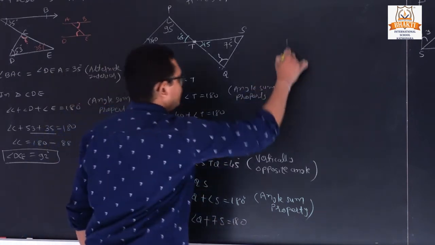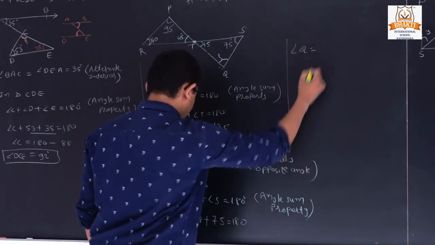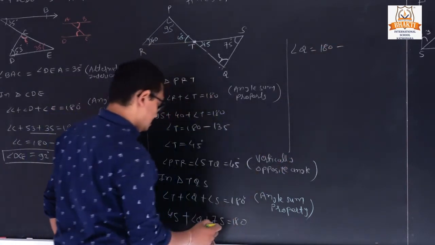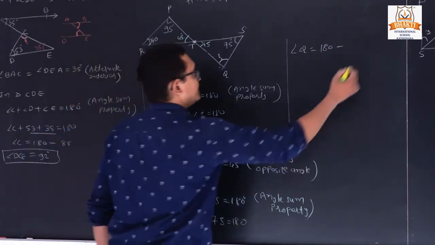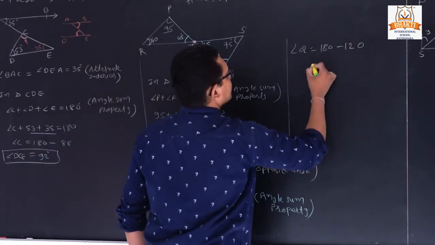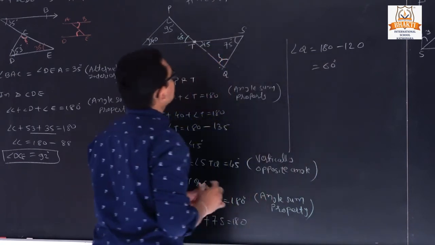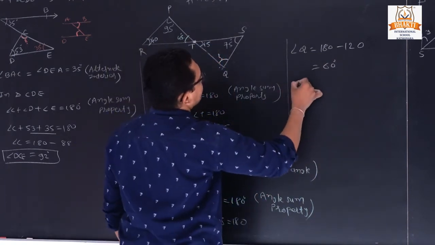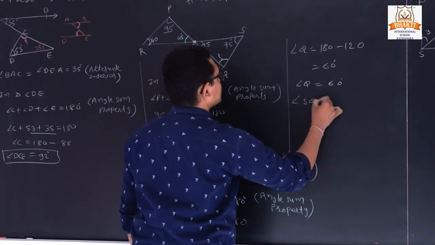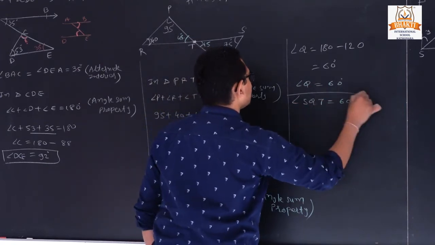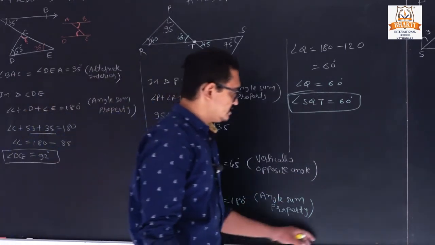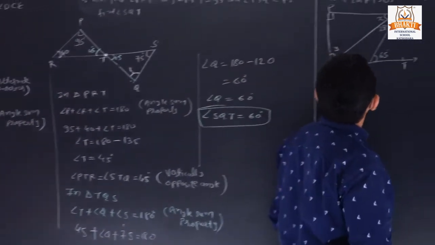So angle Q is equal to 180 minus the sum of these both, 45 plus 75 is 120. So the answer is 60. So angle Q is equal to 60, or also we can write SQT is equal to 60 degree. Both are the same. Clear?